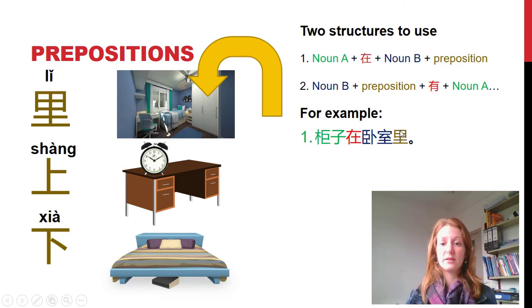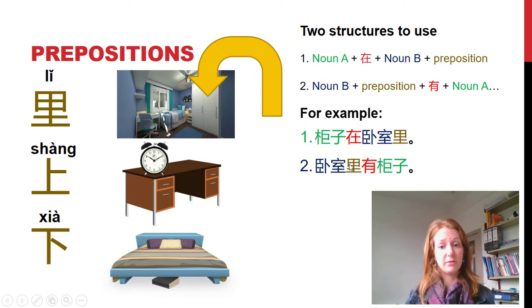So the preposition always attaches itself to the noun. Okay? So the second example using the second structure, 卧室里 inside the bedroom, 有 has 柜子 a wardrobe or a cupboard. Inside the bedroom there is a cupboard.